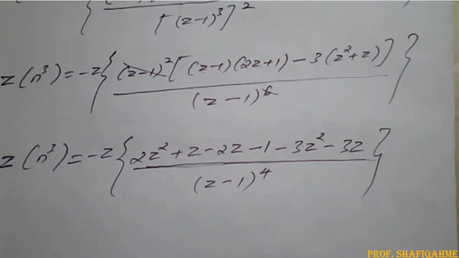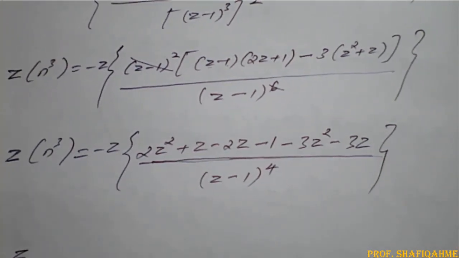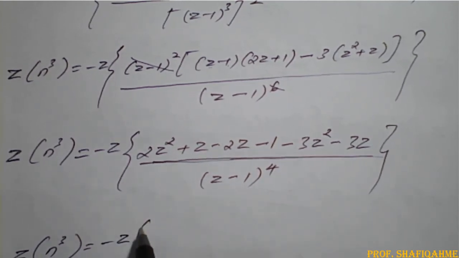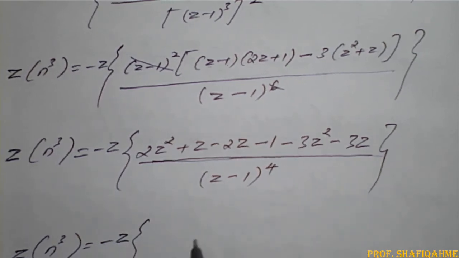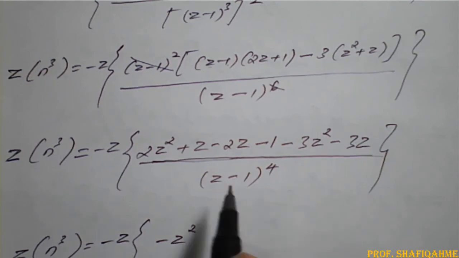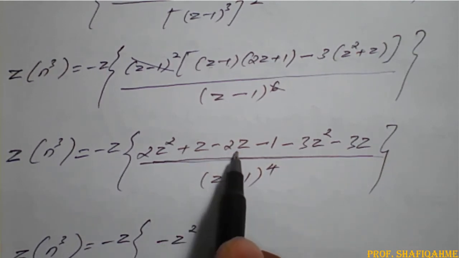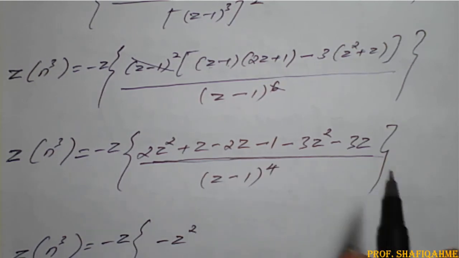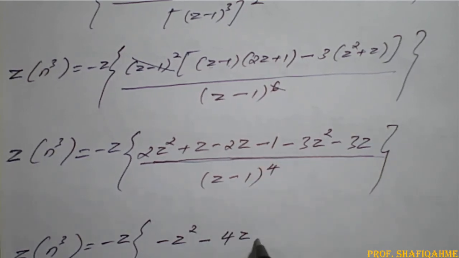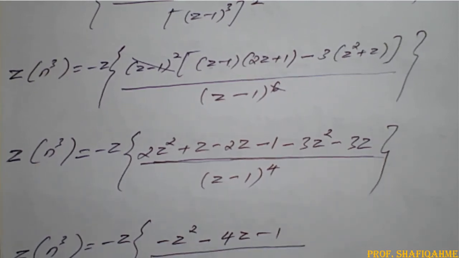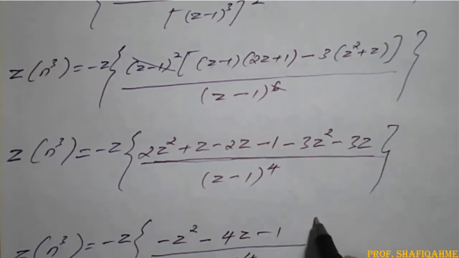So therefore finally what we will get here, z transform of n cube is equal to minus z. So on simplification, 2z square minus 3z square, so how much here, minus z square. So plus z minus 2z, it will be what here, minus z, minus z, minus 3z, it will be what here, minus 4z, then minus 1 whole divided by z minus 1 raised to 4.